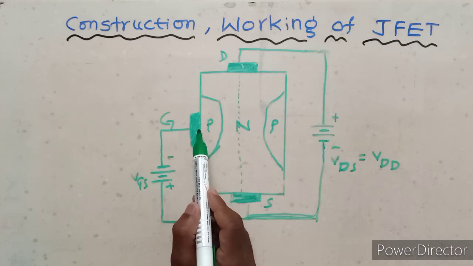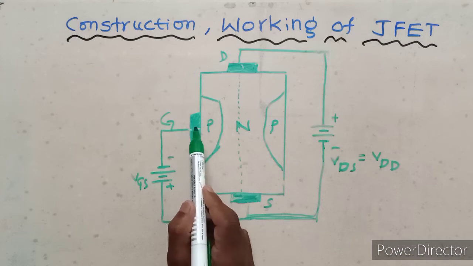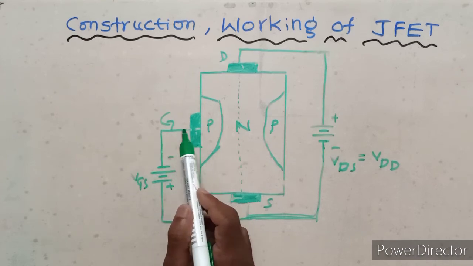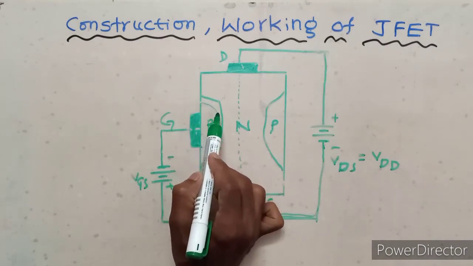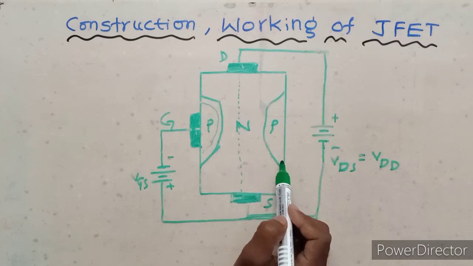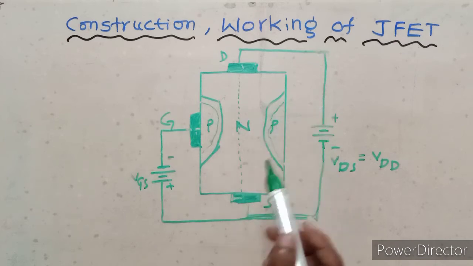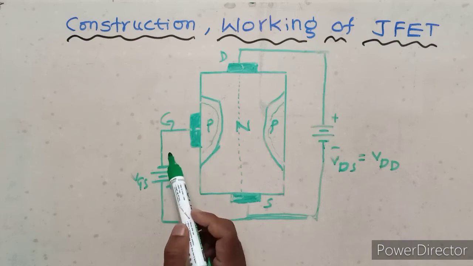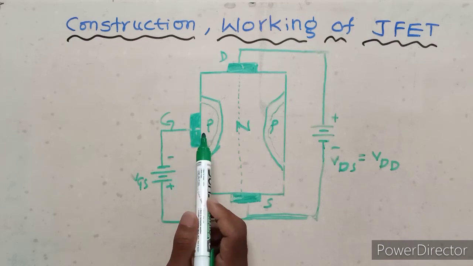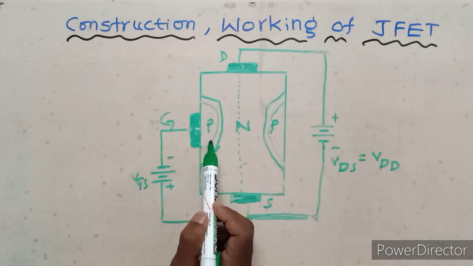The positive means holes travel this way, and electrons that way. So here a depletion layer is formed. Some holes and some electrons attract each other, so the depletion layer is formed.